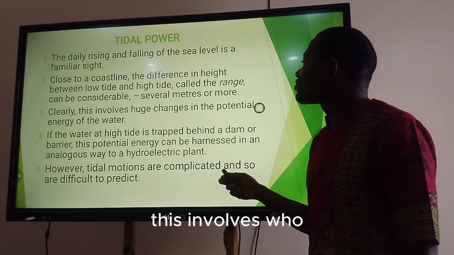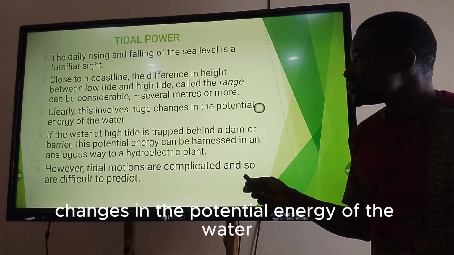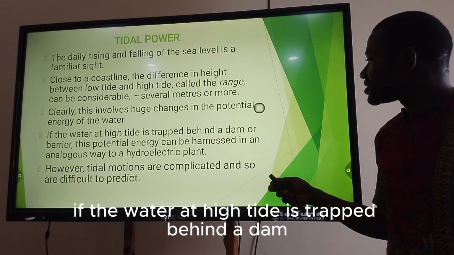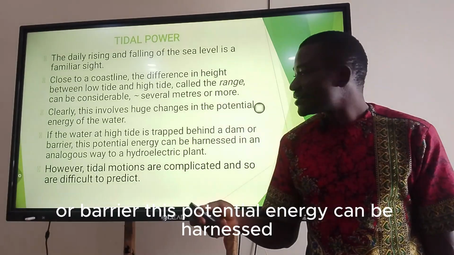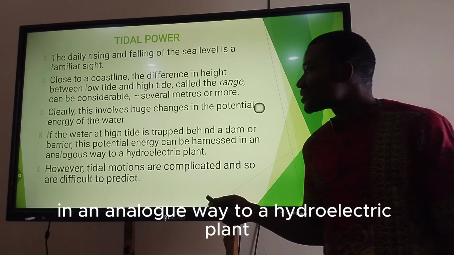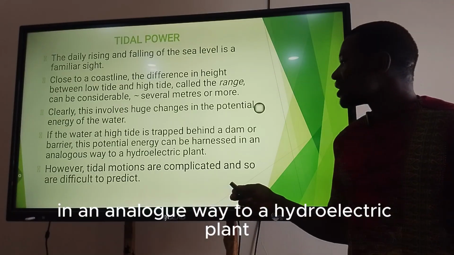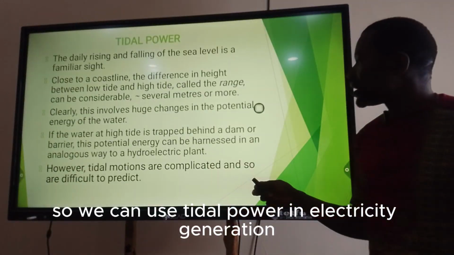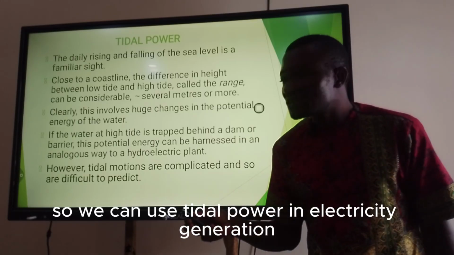Clearly, this involves huge changes in the potential energy of the water. If the water at high tide is trapped behind a dam or barrier, this potential energy can be harnessed in a way analogous to a hydroelectric plant. So we can use tidal power in electricity generation.